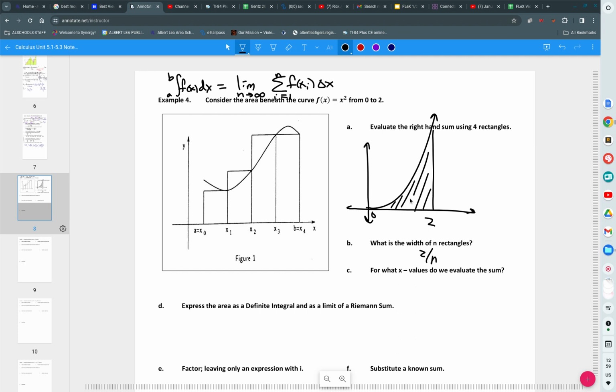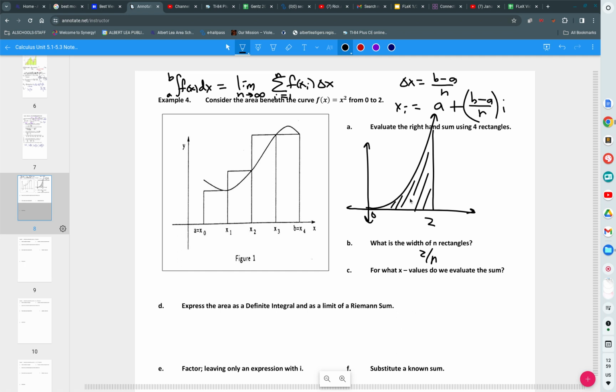Okay. So then we move on to, for what x values do we evaluate the sum? So remember we said that delta x was equal to b minus a over n, and then x sub i was equal to a plus b minus a over n times i. So as you look at this situation, what is our a value?